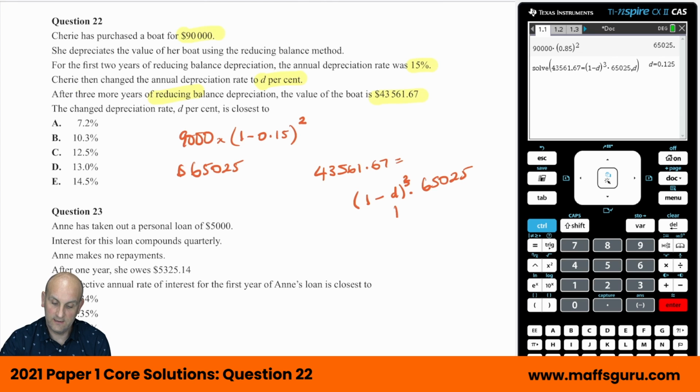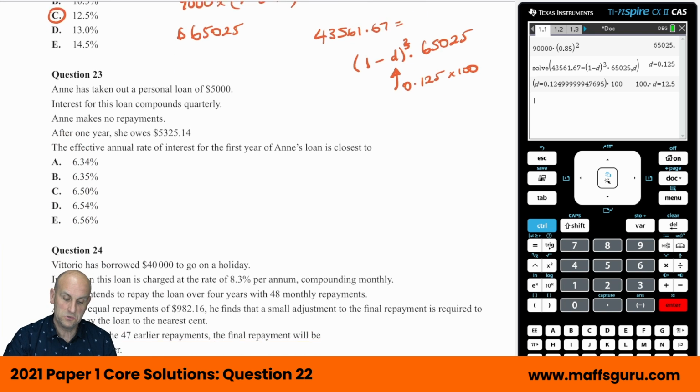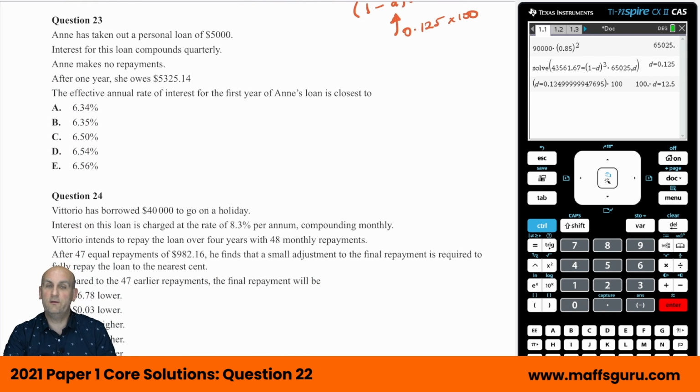Now what on earth does that mean? Now that value of D there is 0.125 as a decimal. When I times that by 100, that will give my percentage of 12.5%. C is 12.5%. There may be other ways of doing this question. That was the one that came to me. But let me know below or wherever if you can find another way of doing it.